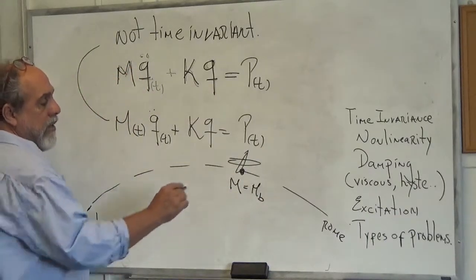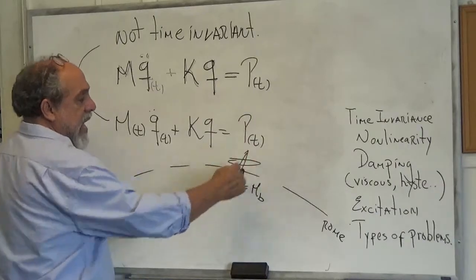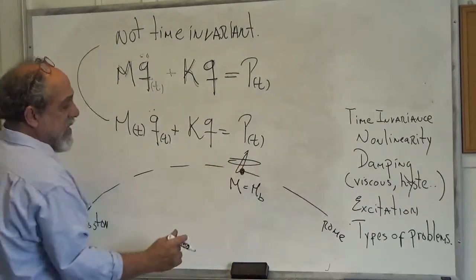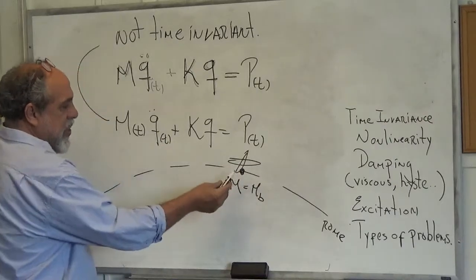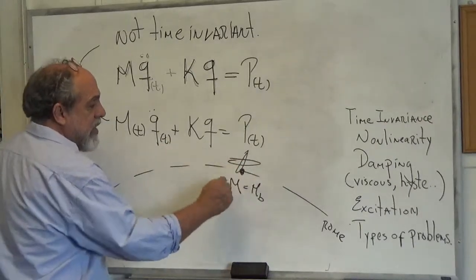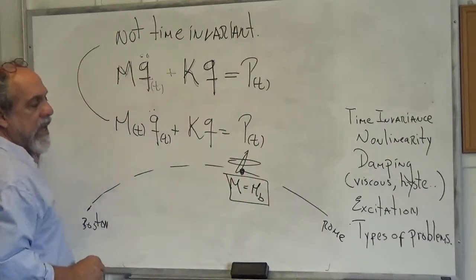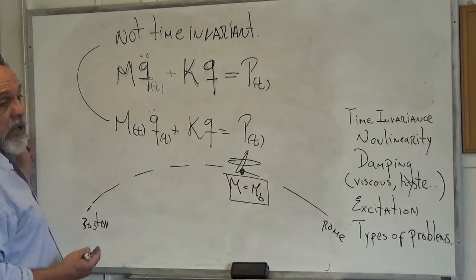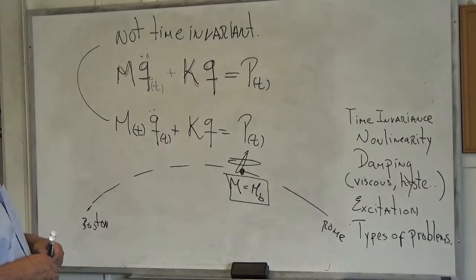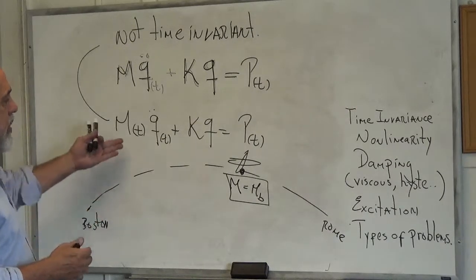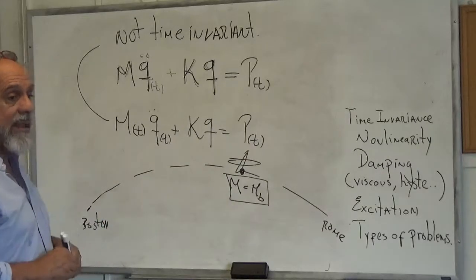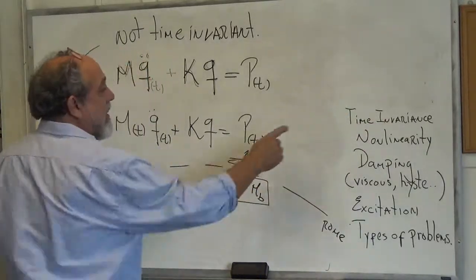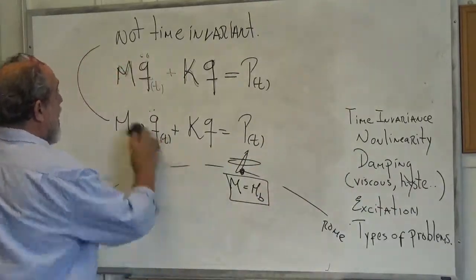Since you're interested in the behavior of the plane for, I don't know, 5 minutes, it may be that the mass doesn't change so much during those 5 minutes, and so this becomes a mass sufficiently close for the analysis. In other instances, that might not be the case. The mass may change fast enough that you cannot treat the problem as having just a single value of the mass. In that case, you don't have a time invariant problem, you have time variant parameters, okay?